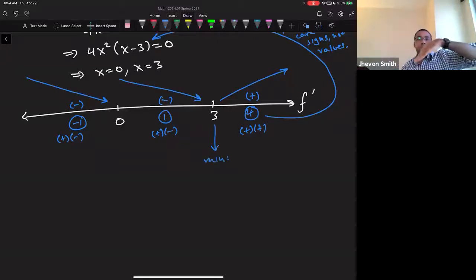Right, because you're decreasing, you hit 3, and after 3 you start increasing. It means 3 was the lowest value that you hit, because we know that the rate of change at 3 is 0. So at 3, you're kind of like bouncing off a horizontal line, which would be your tangent line. So now I know that 3 is a minimum.